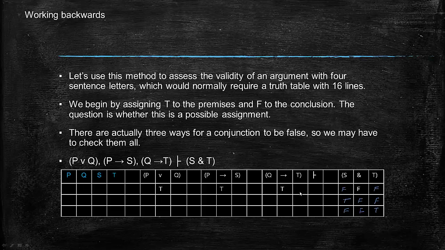You only need 1 line where the premises are true and the conclusion is false to show that it's invalid. But if we couldn't make that assignment in the first line, then we'd have to keep going until we had checked all of these. But still, we only have to check 3, because these are the only 3 ways that the conclusion turns out to be false.